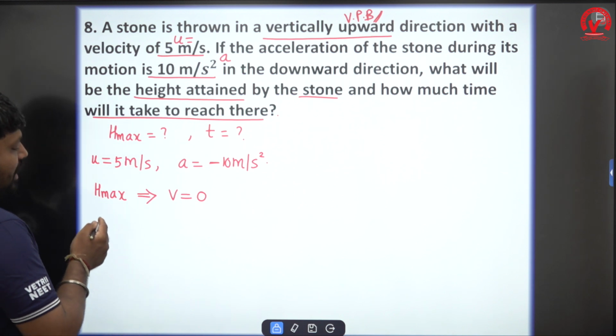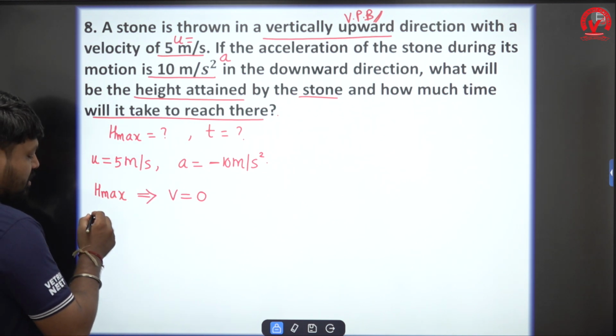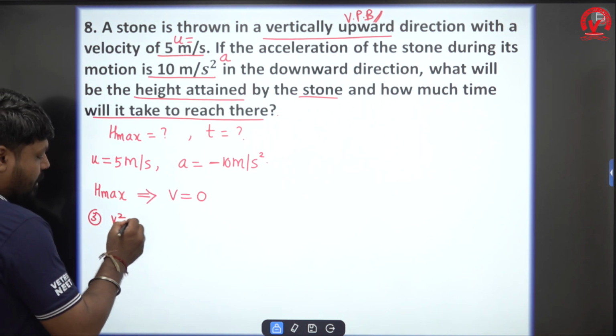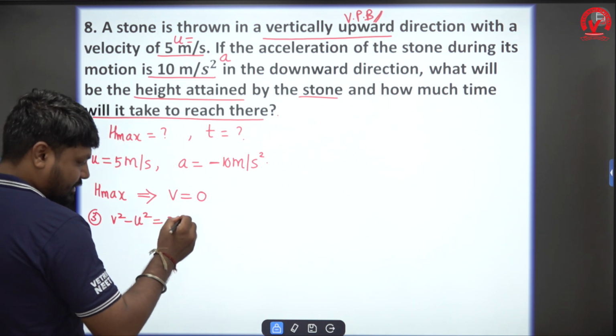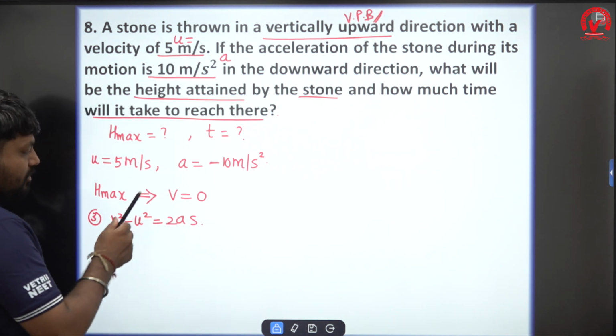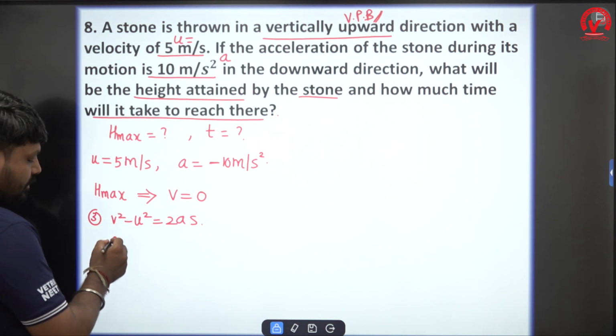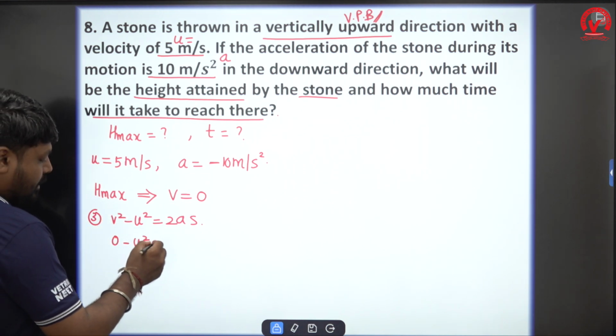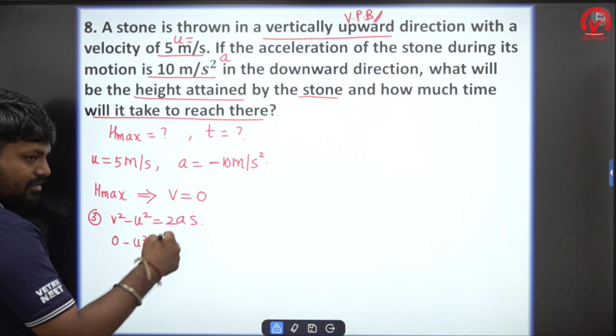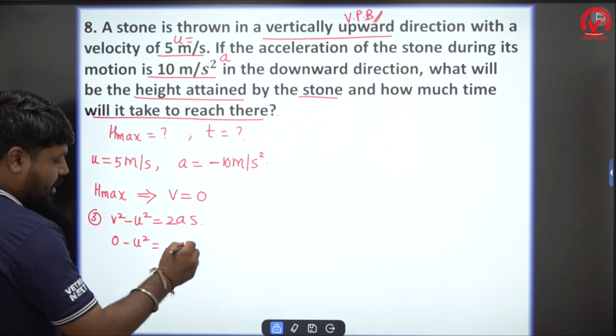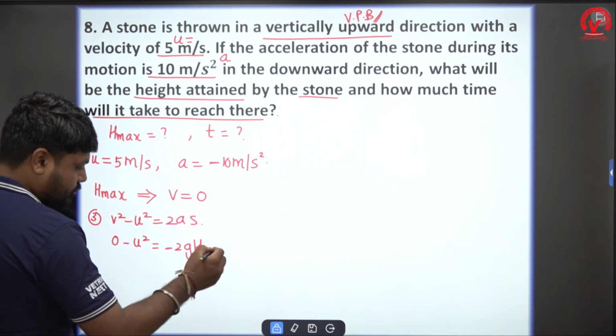Okay. So what equation can we use? We know the third equation. What is the third equation? v square minus u square is equal to 2as. Do you remember this? So v is equal to 0 here. So 0 minus u square is equal to, a is minus g, so minus 2g, and s is Hmax.